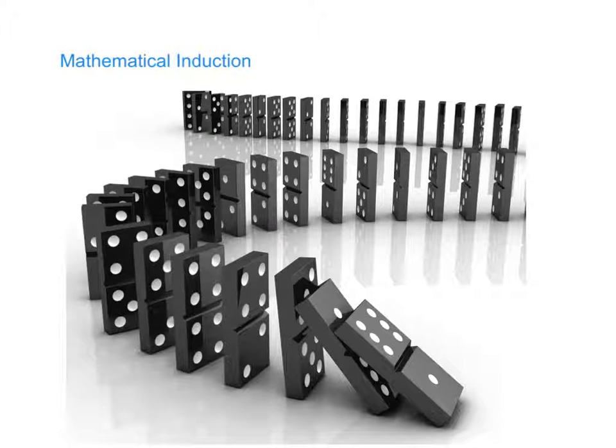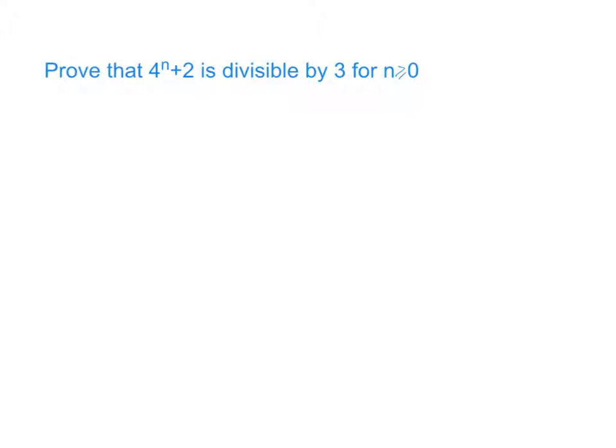As an example, we'll go to the next slide. Here we will prove that 4 to the power n plus 2 is divisible by 3 for all n bigger or equal to 0. So we will use induction to do that. First of all, realize that if something is divisible by 3, it has to be a multiple of 3.